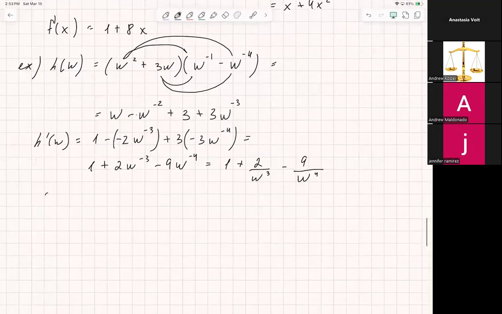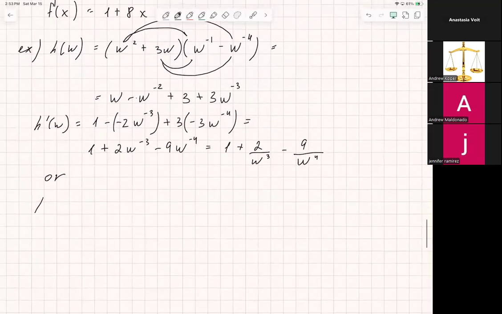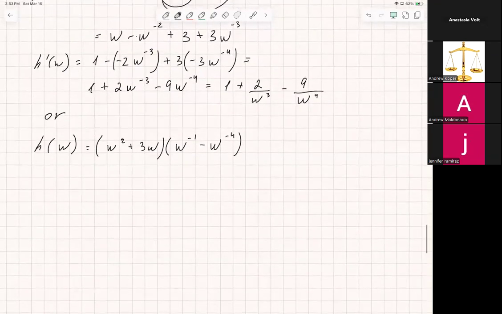Okay, or another way, if we were to use the same w squared plus 3w times w to the -1 minus w to the power of -4, and use the product rule, we would have the derivative of the first one times the second factor plus the first factor times the derivative of the second factor. So h prime of w is 2w plus 3, right?